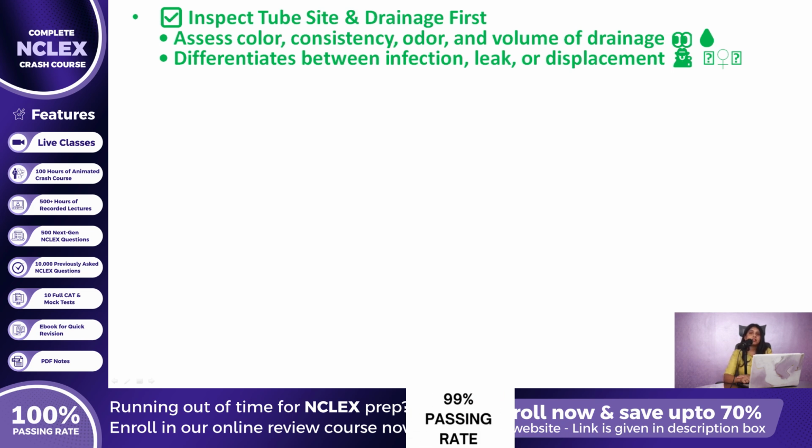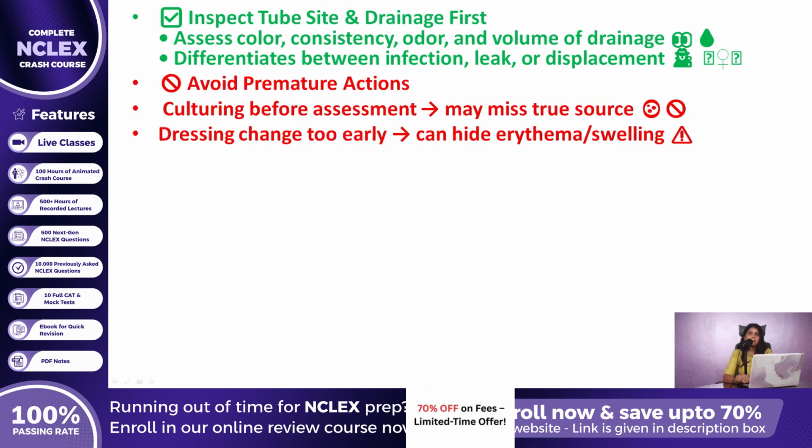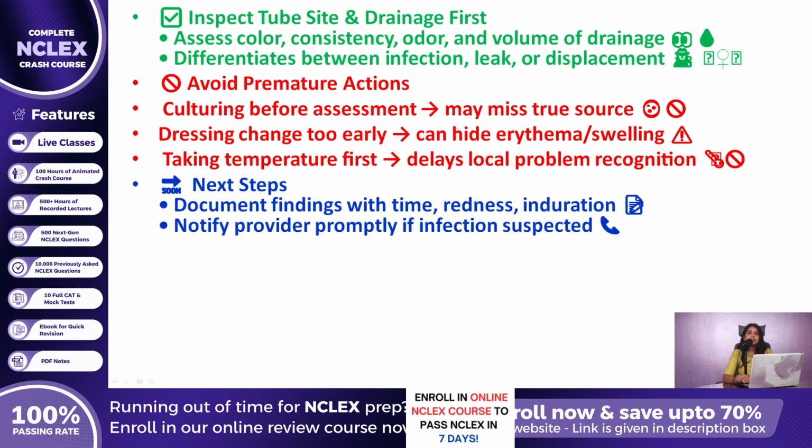Collecting a specimen before this focused assessment risks invalid results. Changing the dressing prematurely could conceal signs such as erythema or swelling, and measuring temperature before inspecting the site may delay recognition of a local problem. Documenting the findings, including the time noted and any accompanying redness or induration, and then promptly notifying the provider if infection is suspected are crucial next steps.